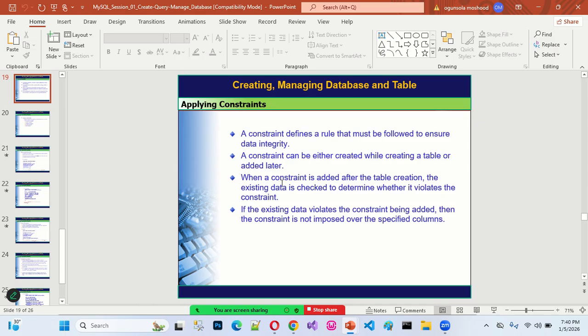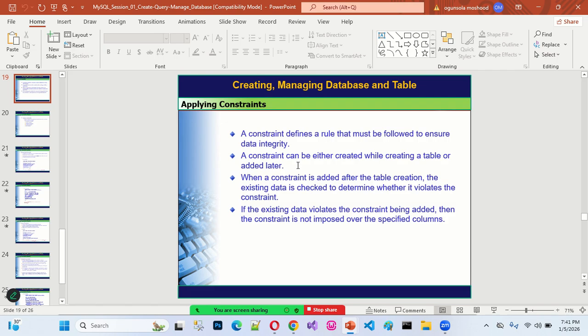We don't want to create a table where the data stored is not accurate or not useful. He gave an example: when you have a duplicate record, a record whereby two records have the same ID. If such a record exists in the table, it means the table does not have integrity.